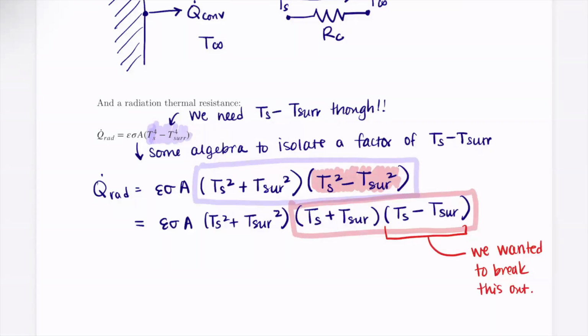Which means everything else, all the rest of this, is 1 over our thermal resistance for radiation. Okay?